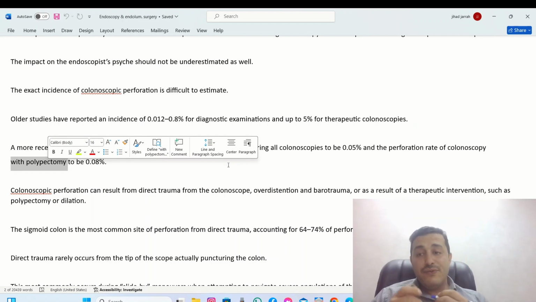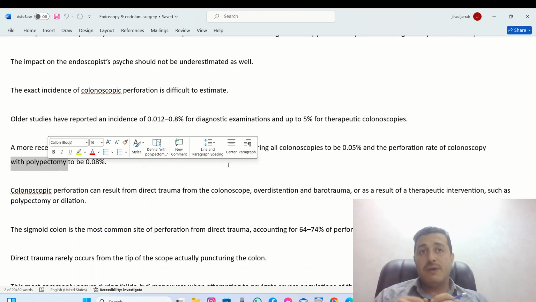The perforation can be due to direct trauma by the endoscope or by the loop itself, it can be due to barotrauma or distension of the bowel, and it can be due to a therapeutic procedure.